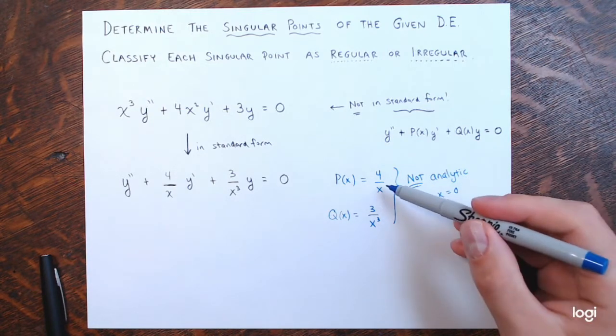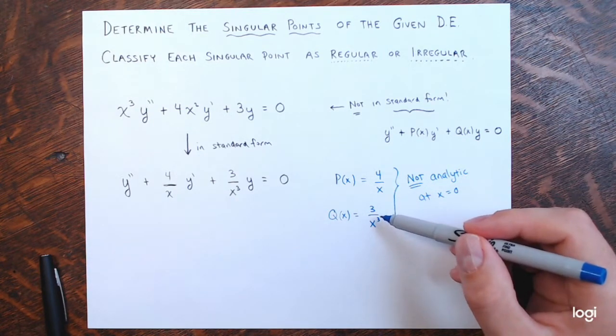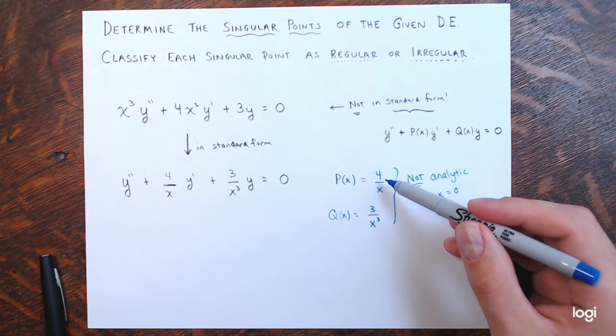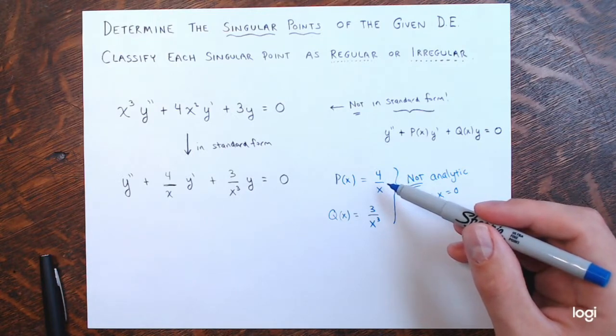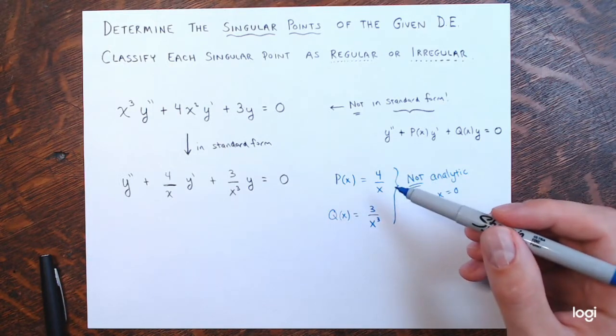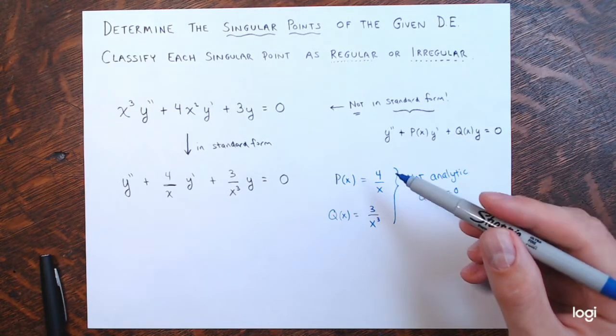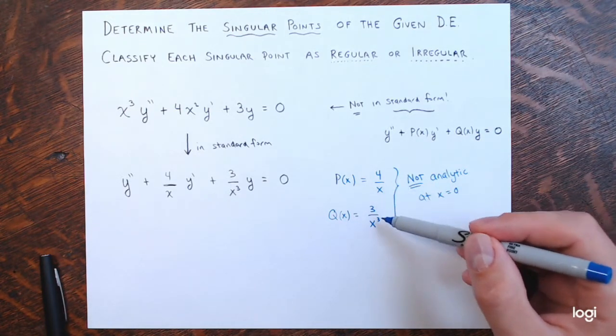You can have situations where a function is not defined at a value, but it's still analytic there. Like, for example, the sine of x divided by x. You can express that function as a power series centered at 0 with a positive radius of convergence. So just because they're not defined at 0 doesn't mean they're not analytic.